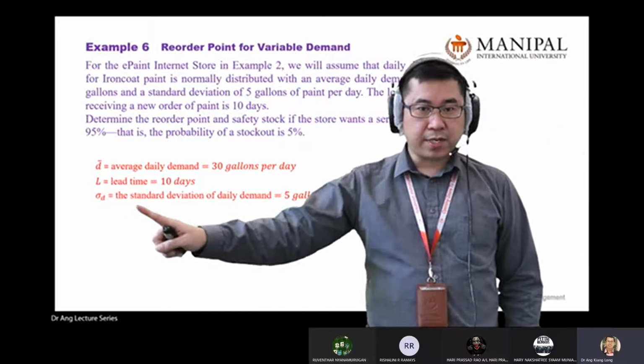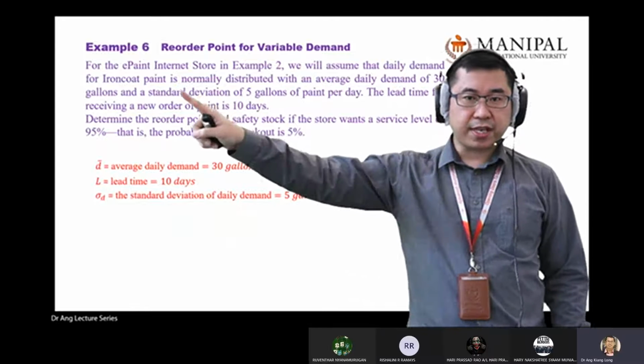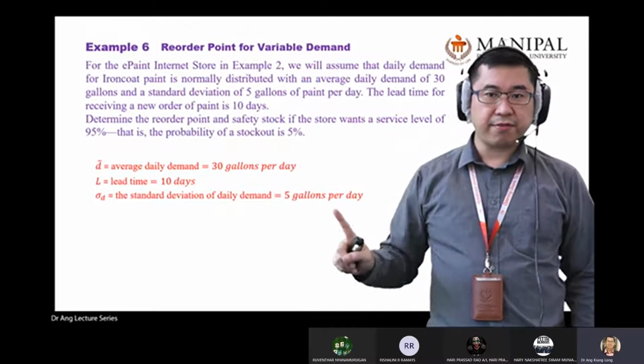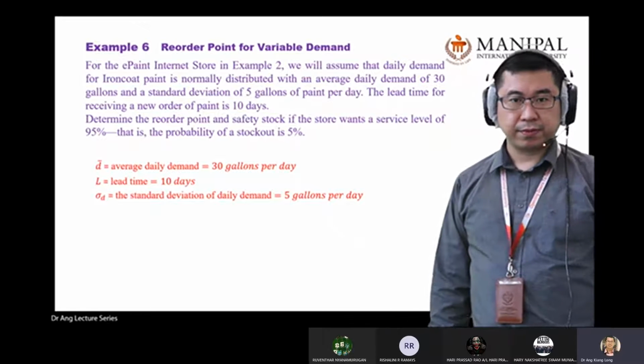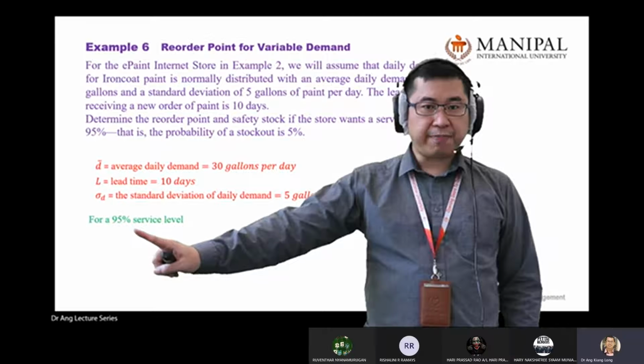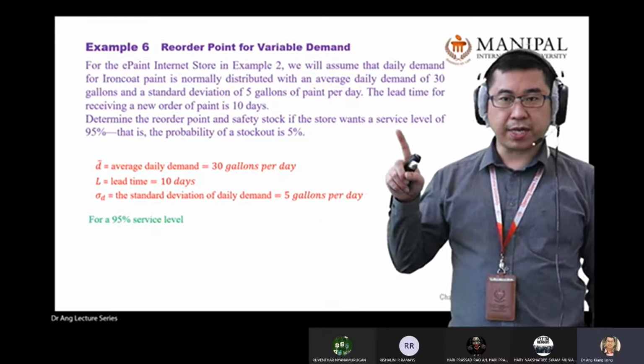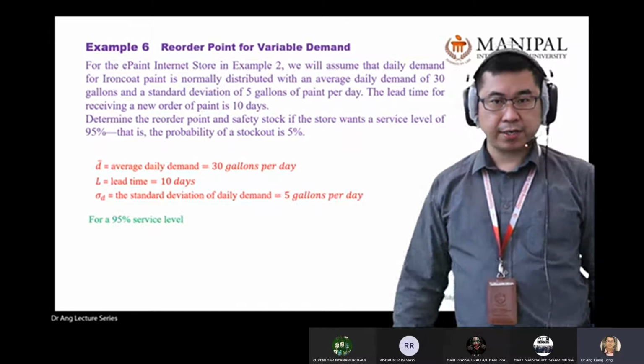Sigma, which is the standard deviation of the daily demand, is 5. The standard deviation is given as 5. So for a 95% service level, the store wants you to calculate the service level at 95%.